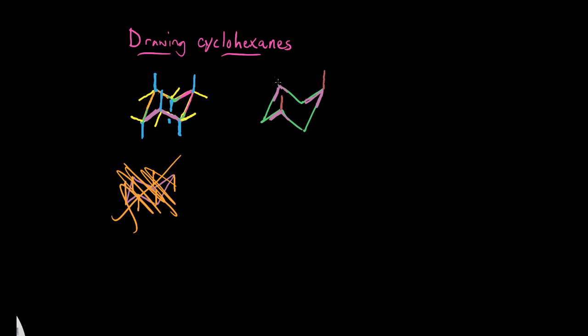For the axial up, I don't know what kind of mnemonic you can use, but if the carbon is up, the axial is up. So maybe you can think of a nice mnemonic: if the carbon is down, the axial is down.